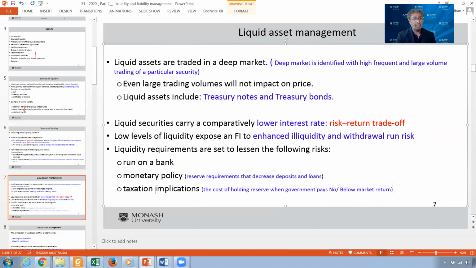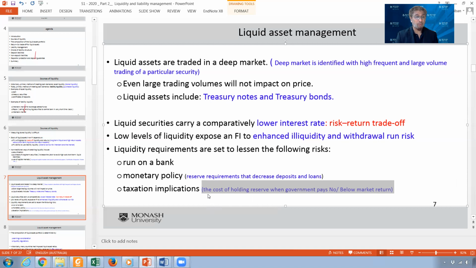There is also a taxation implication. The government will take those reserves and pay you either very minimal or 0. So actually, it's like another type of tax. The government will take all those resources and pay you nothing, and you have to pay a return to your depositors.